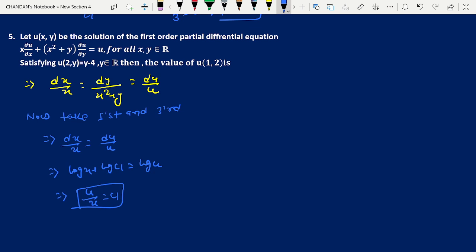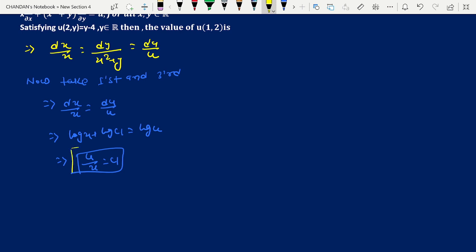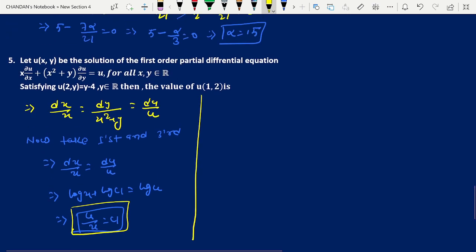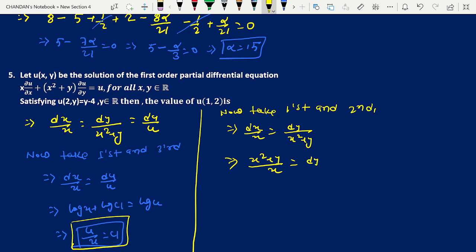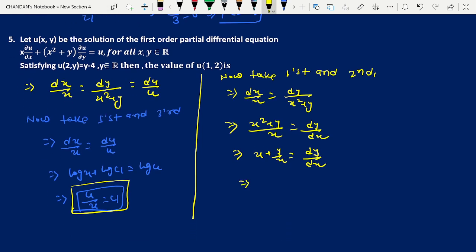Okay, now we take first and second, then what we got, dx by x and dy by x square plus y, then only separate here, then we got x square plus y by x is equal to dy by dx, and we divide, then got x plus y by x is equal to dy by dx, then again we separate, then what we got, dy by dx minus y by x is equal to x.